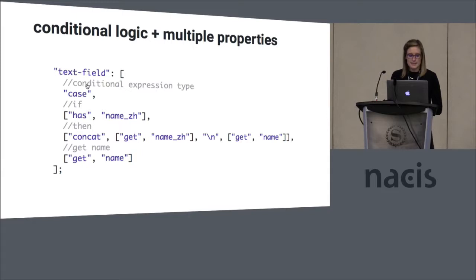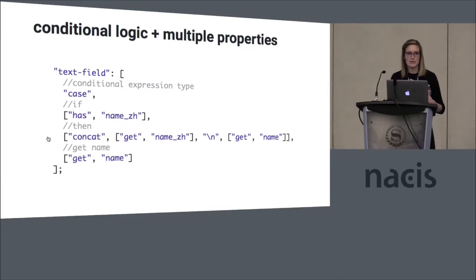The first argument in an expression is the expression type, and in this case, it's case, which is our conditional expression type. That's followed by the if statement of the conditional, which is if the feature has the property name_zh, which is like Chinese name, then you do the next argument, which is a nested expression.